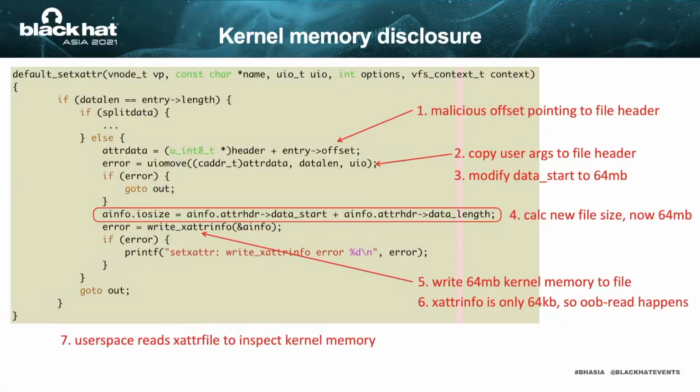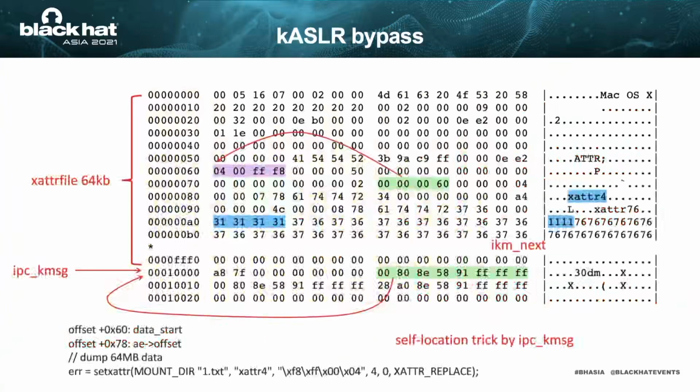The content of the memory after the xattr info page will be faithfully saved to the AppleDouble file. And this file, of course, is readable and writable by user space, so we can use this to disclose kernel memory information. Here, I dump 64 MB of kernel memory to the xattr file and display it in hexadecimal.